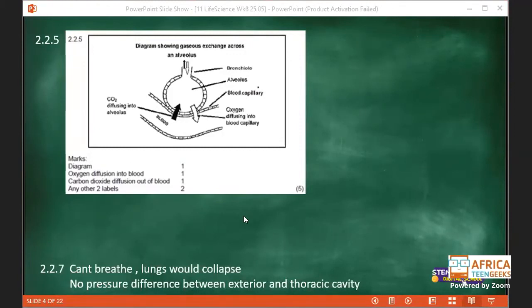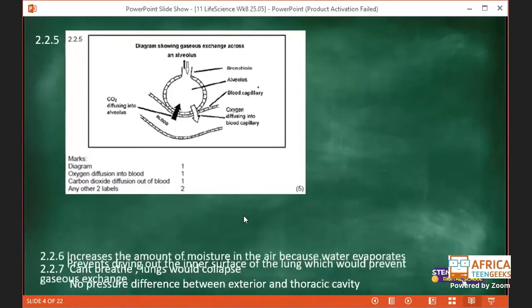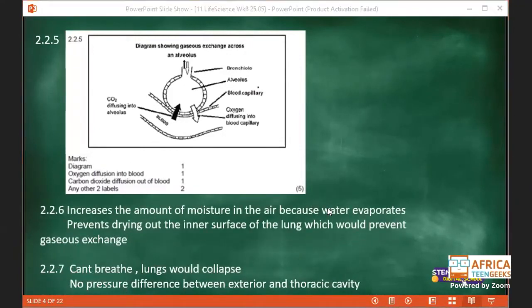That is basically close enough, but let's see the correct answer. It says it increases the amount of moisture in the air because water evaporates. I guess that's what you meant, or the other way around. But anyway, it is because water evaporates, right?